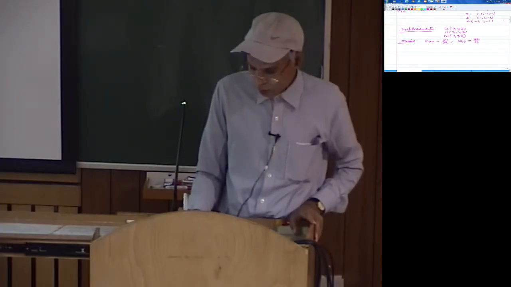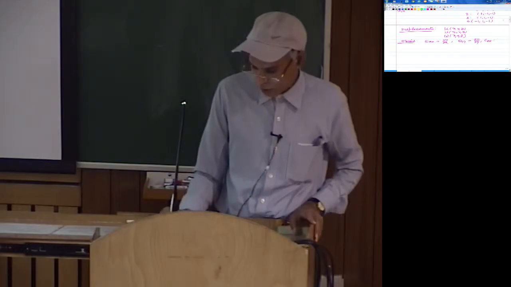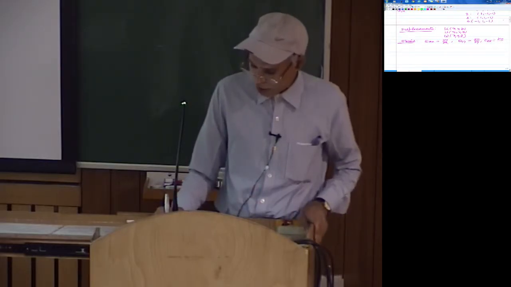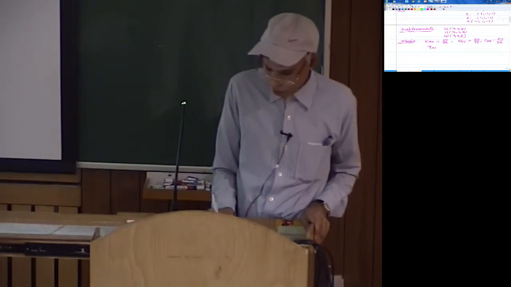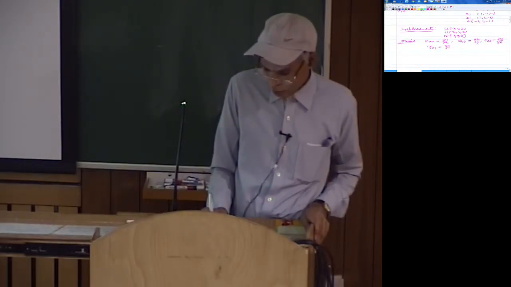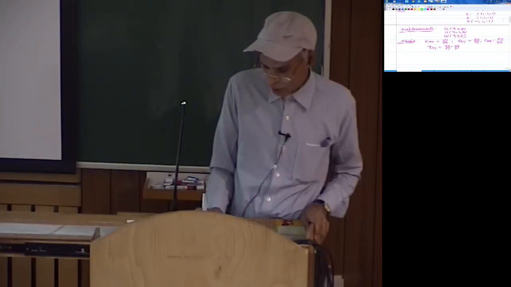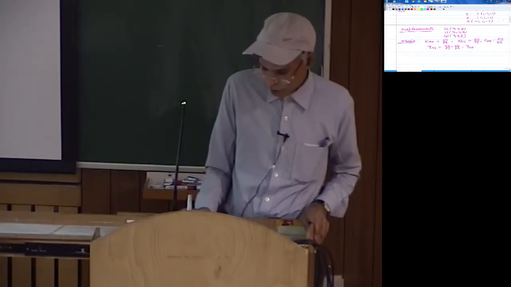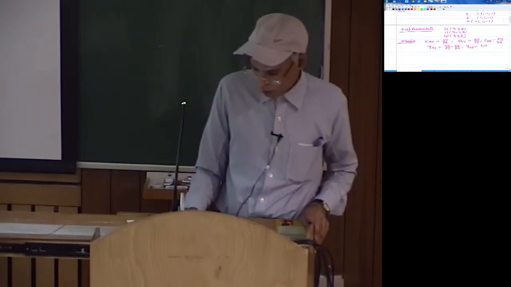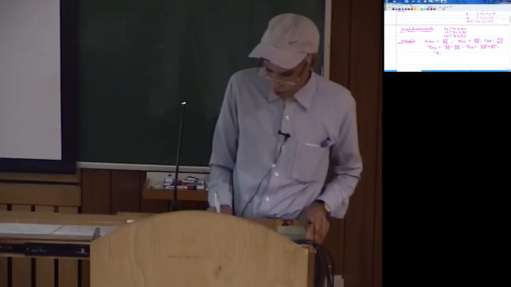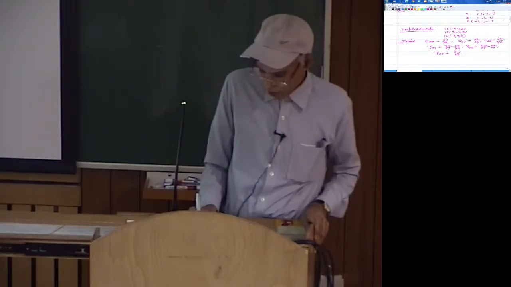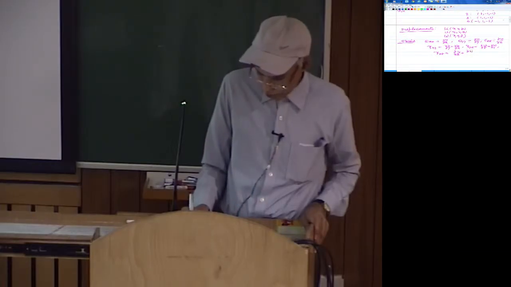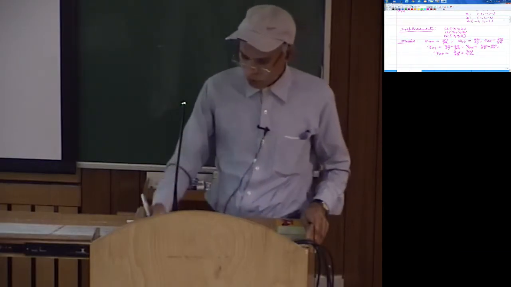So this is del v by del y, and epsilon zz is del w by del z. These are standard relations from solid mechanics. Gamma xy is del u by del y plus del v by del x, gamma yz is del v by del z plus del w by del y, and gamma xz is del u by del z plus del w by del x.